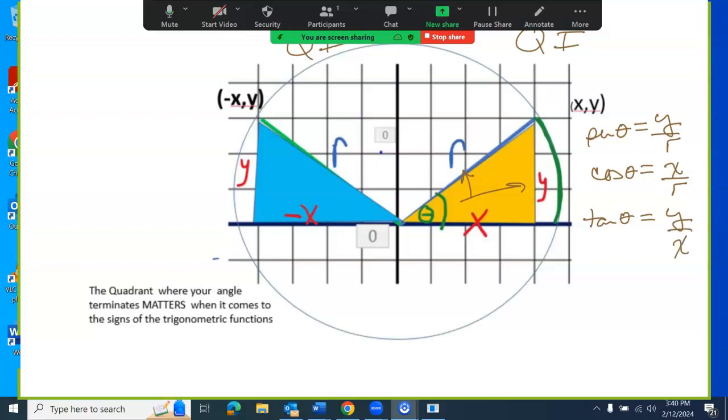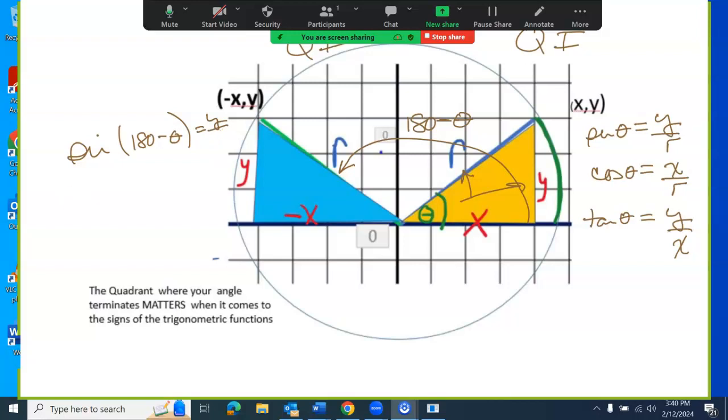Okay, so look at what's happening over here. Sine of 180 minus theta. So remember, this big angle from here to here is 180 minus theta. That's going to also equal what? Y over r.